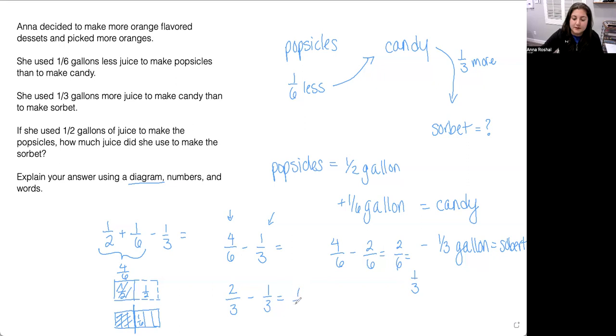And then this is also the same thing as 1/3. This doesn't matter. I think it's just a matter of preference, you know? So you should end up with 1/3 of a gallon of juice for sorbet.